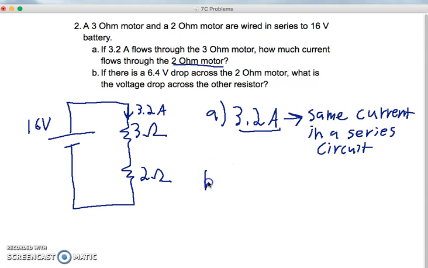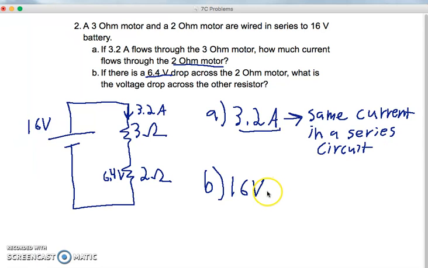All right, so that's A. B asks us, if we have a 6.4 volt drop across this 2 ohm motor, what's the voltage drop across the other resistor? If we think about the rules for a series circuit, we have 16 volts total. That 16 volts has to be dissipated by some combination of the 2 resistors.